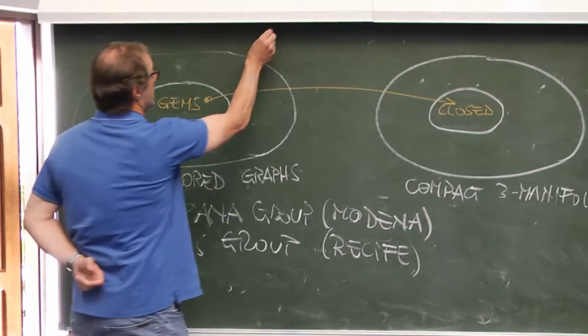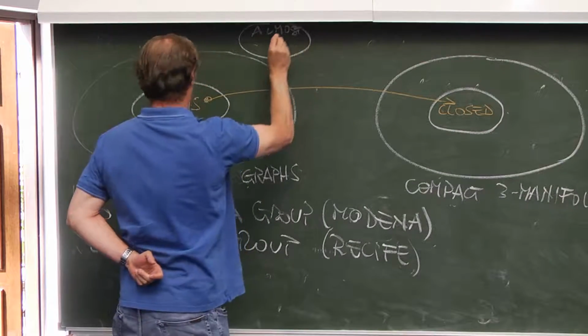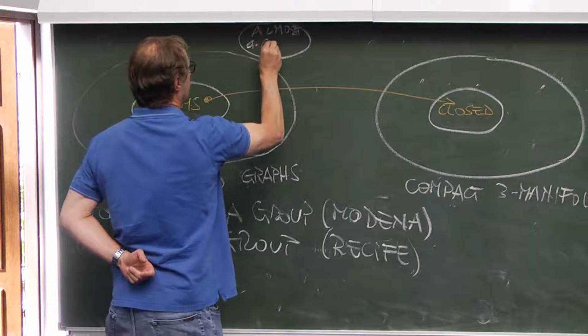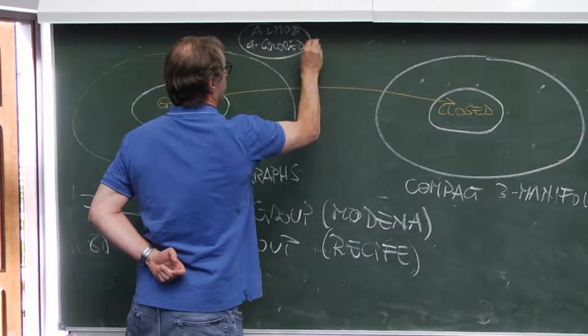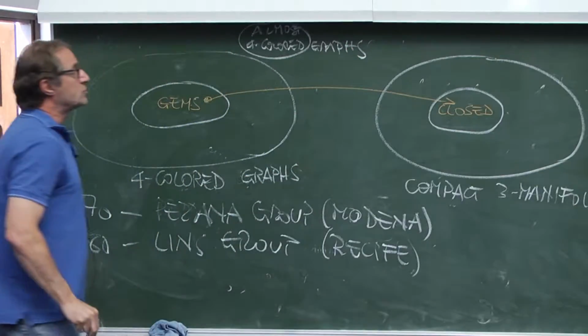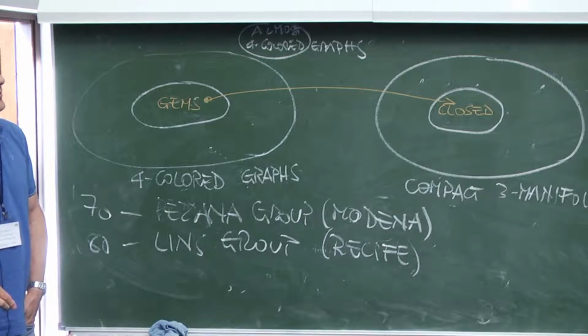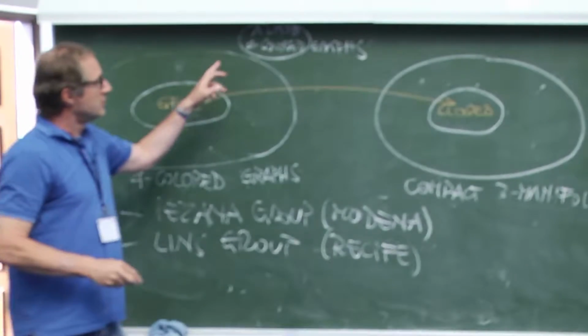They use almost four-colored graphs. Almost means that the vertices of the graph can have valence 4 and valence 3.